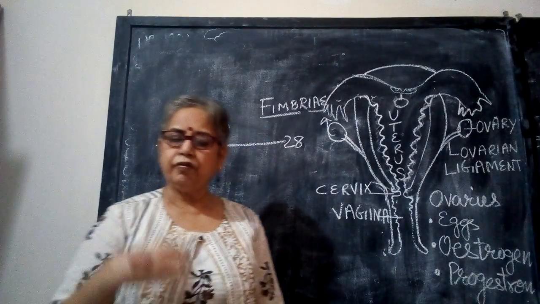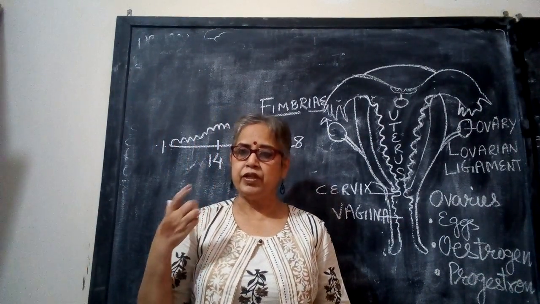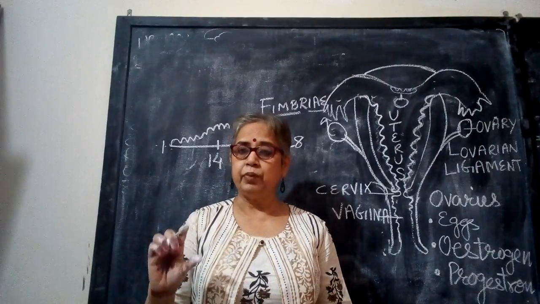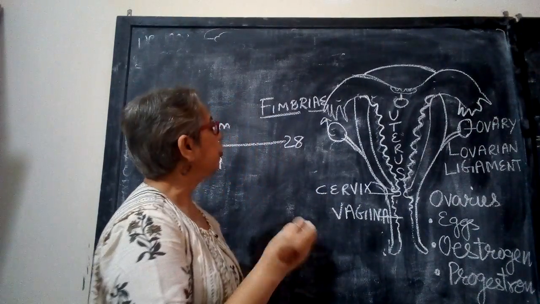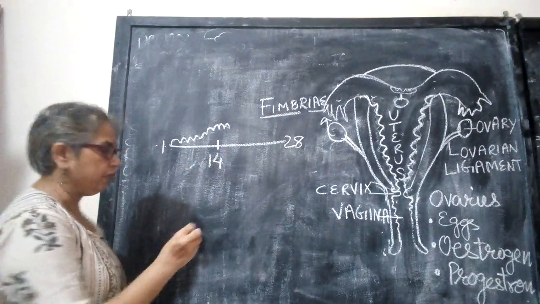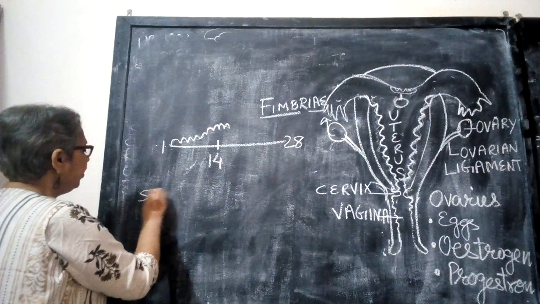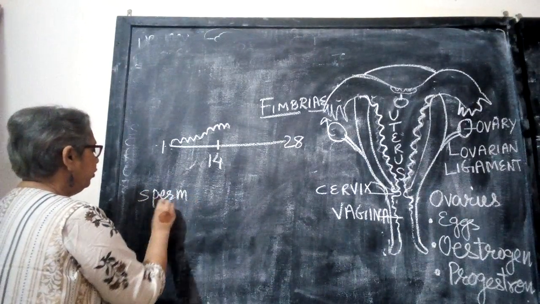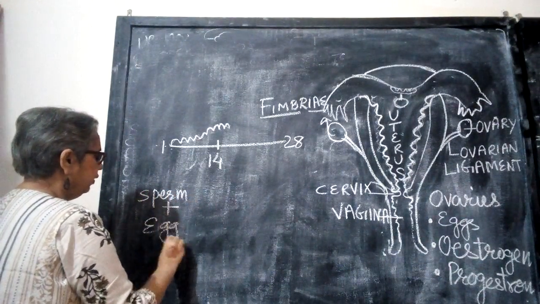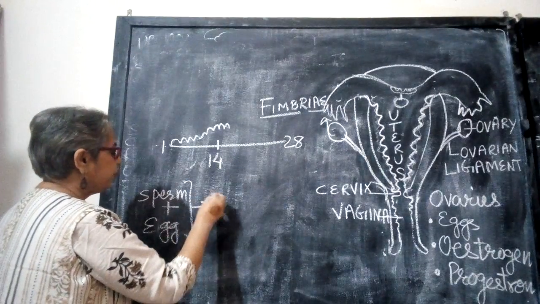When differentiation takes place and the heart in the embryo starts beating, it is called a fetus. So you can say sperm fuses with egg and fusion gives the zygote.